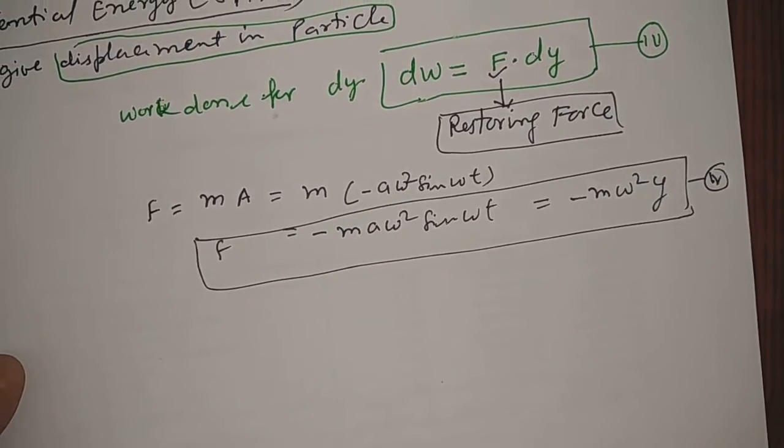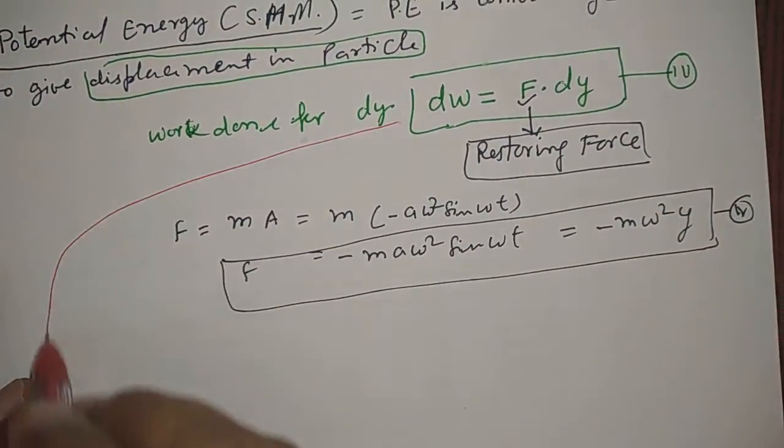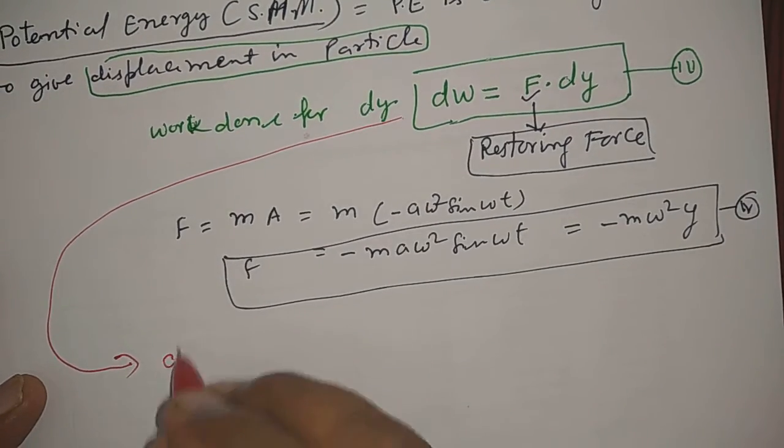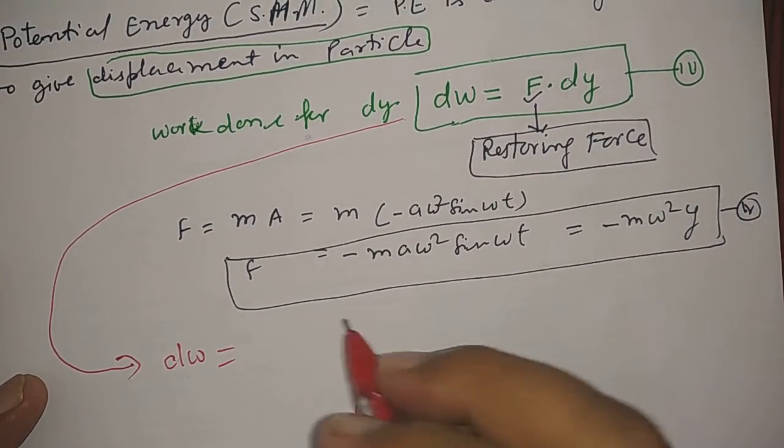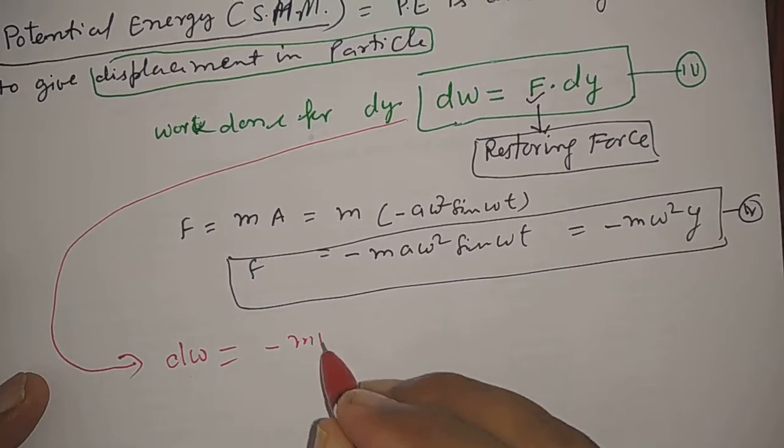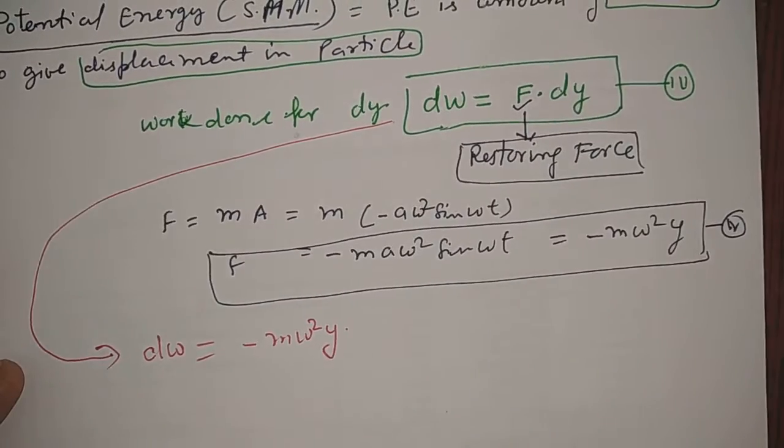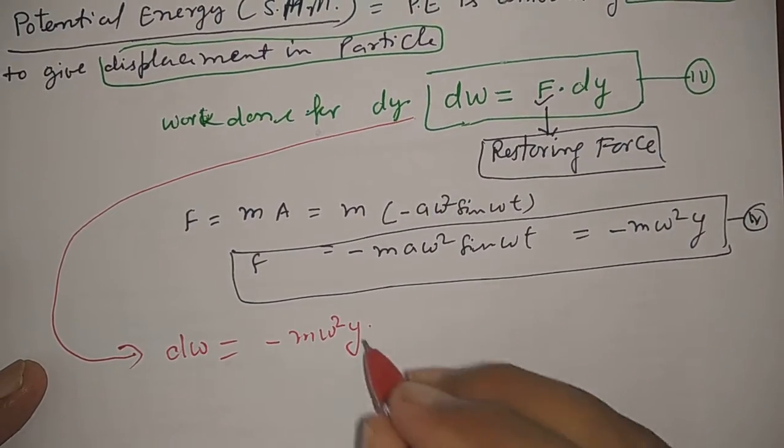We want to see the work done in this case. dW is equal to force, minus m omega square y, into dy.